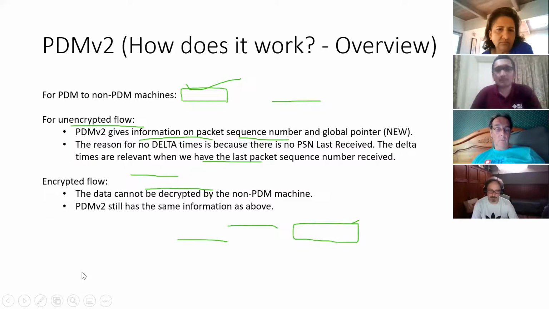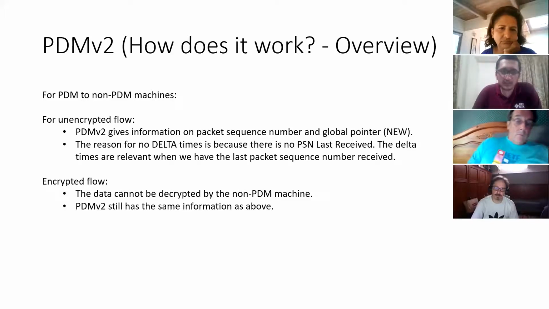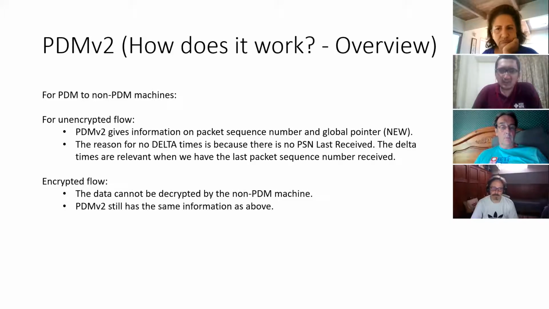Next slide, please. Okay, so for PDM to non-PDM machines, I'll cover this slide quickly. This is the case where we are sending data to a non-PDM machine. Here the important information we have is the packet sequence number and the global pointer.